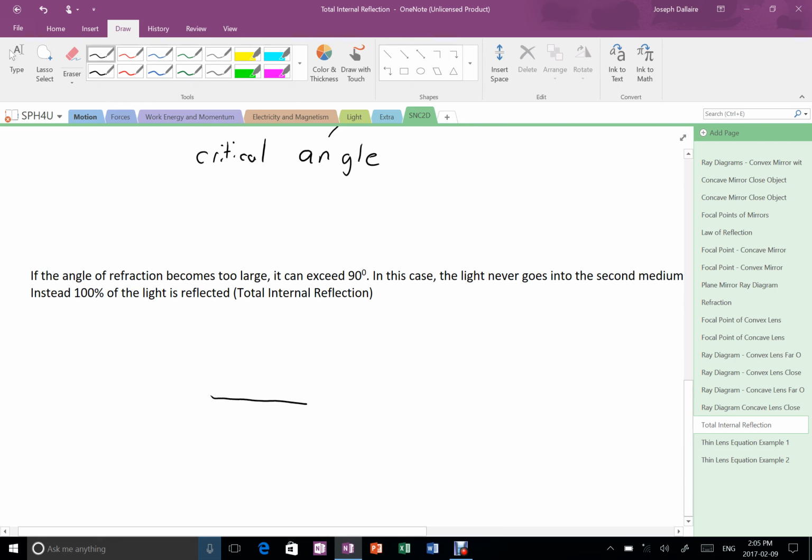So if I draw that again, my first angle leads to a large angle. Let's just make sure this is clear. This is something with a high refractive index and something with a low. So this might be n equals 1.5, and this is n equals 1. There's our normal. So the angle of incidence increases, and then let's just say this blue angle is my critical angle, where the angle gets so large here that when it tries to come out in this medium, it's at 90 degrees.